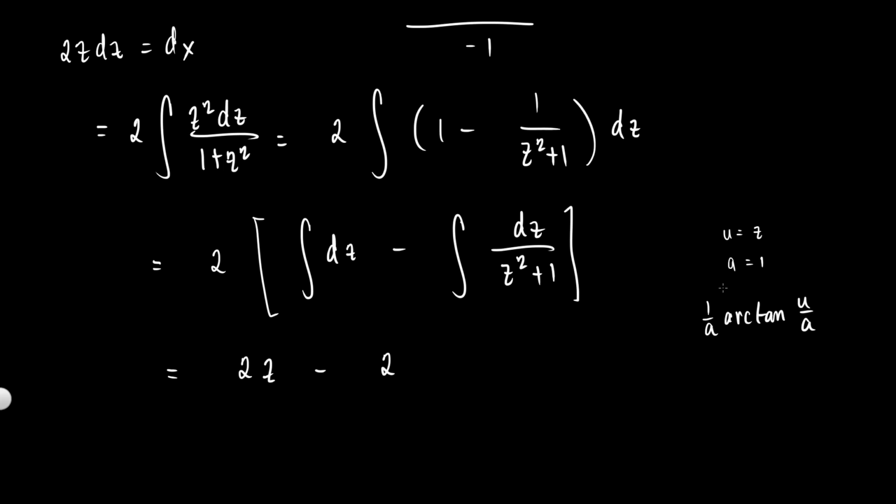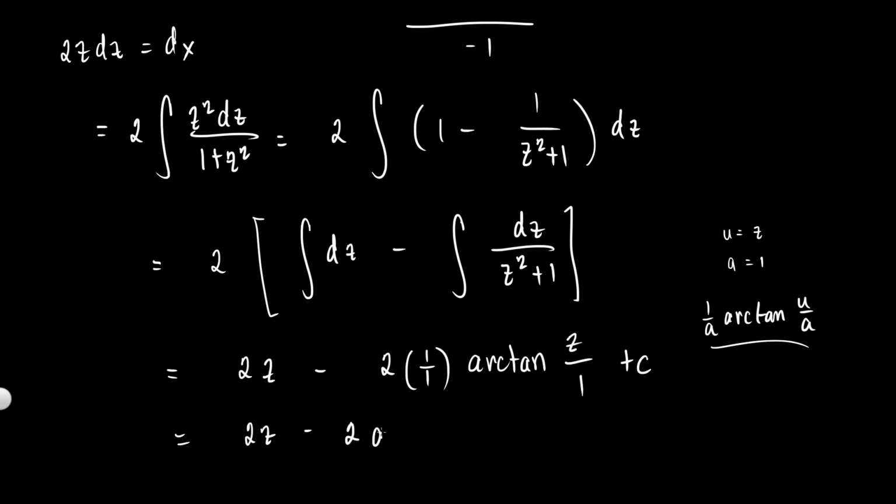If you have forgotten the inverse trigonometric integrals, we have a video on that, you can go back to it. So this is arctangent, 1 over 1, times the arctangent of u, u is z, z over 1. So this is equal to 2z minus 2 times arctangent of z plus c.